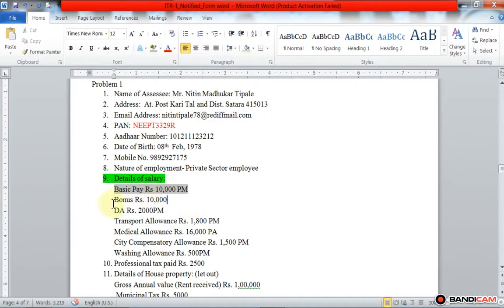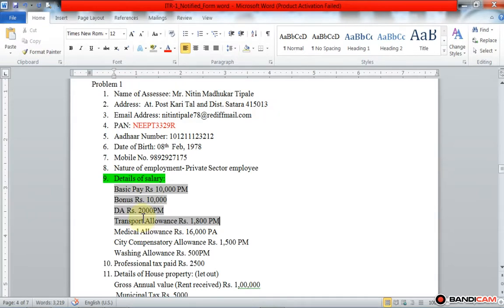Then bonus is also included in salary. Then DA 2000 per month. DA means dearness allowance, 2000 per month. Then transport allowance 1800 per month. So all are included in the salary.